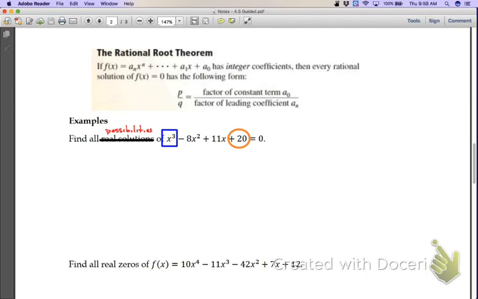Everything else in the middle basically matters to what happens in the middle, like how it turns and when it goes up and when it goes down, or how steep our curve is, things like that. The numbers on the ends, my constant and my lead coefficient, essentially, are what's going to determine where it crosses the x-axis, and if it crosses at a rational value.